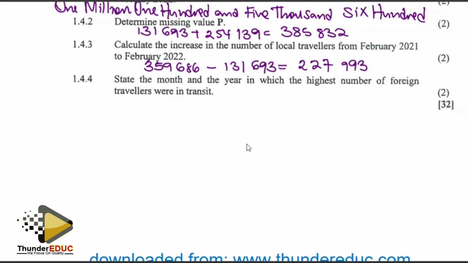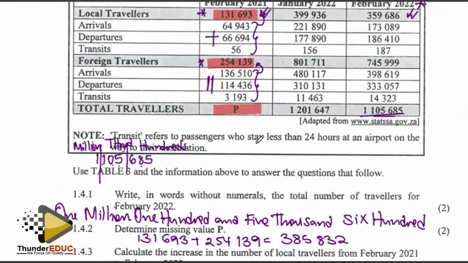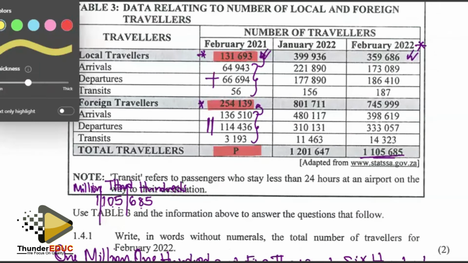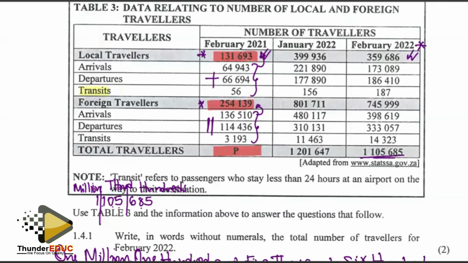Okay, state the month and the year in which the highest number of foreign travelers were in transit. We shall come down here, look at transit. We look at the transit, which is here. So we have 56,157,187.